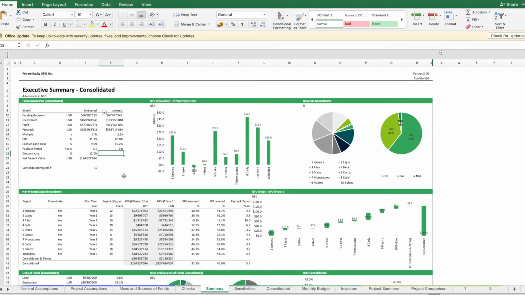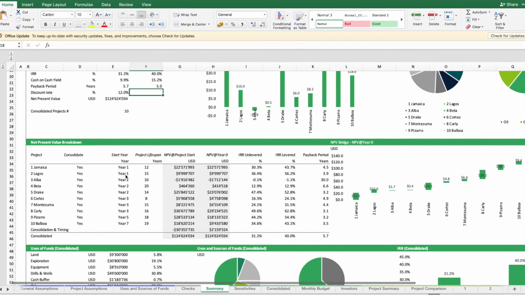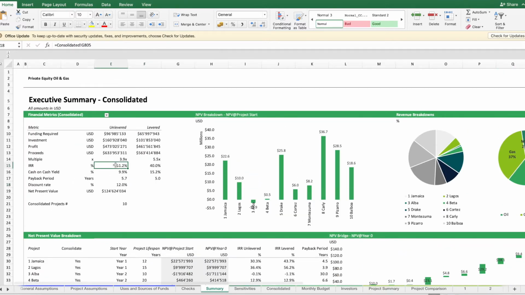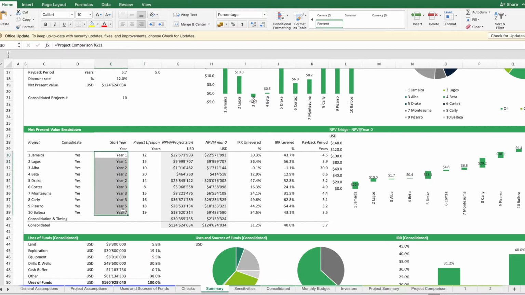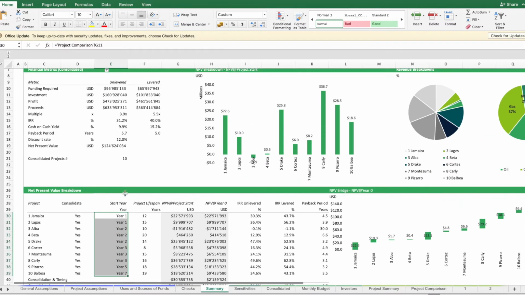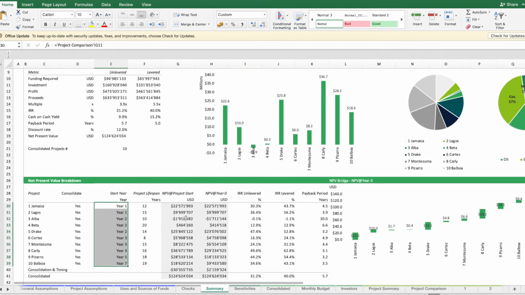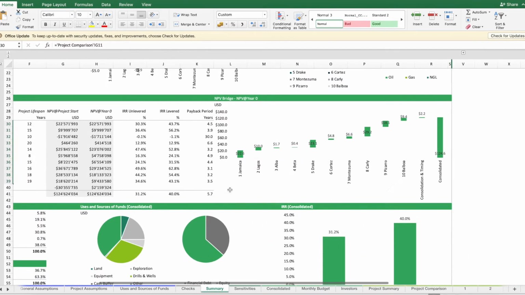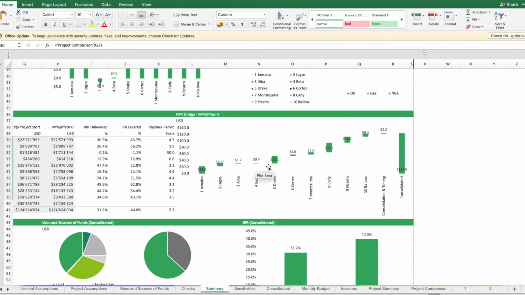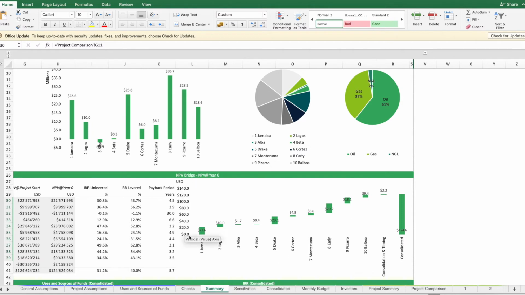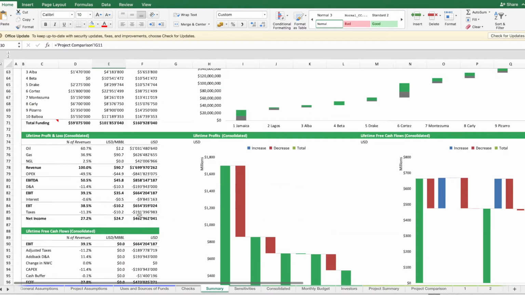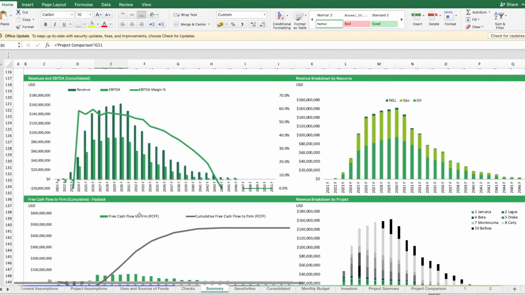In this case, we can see overall, if we do all these projects in this order, basically how much value we can generate, and which projects contribute how much to the net present value of the consolidated investment, or consolidated business. What we then also can see is the cash flow pattern.